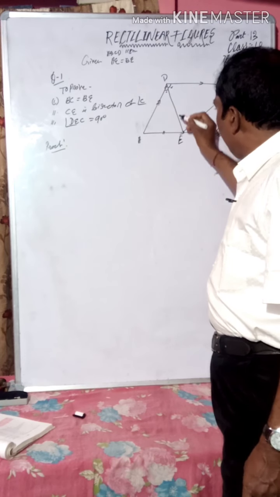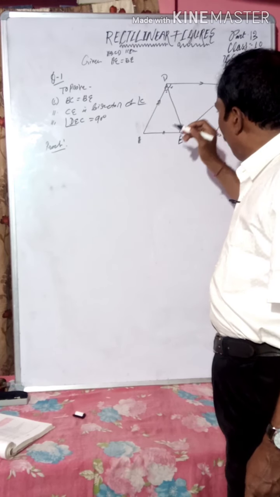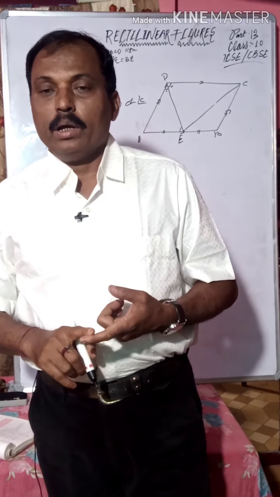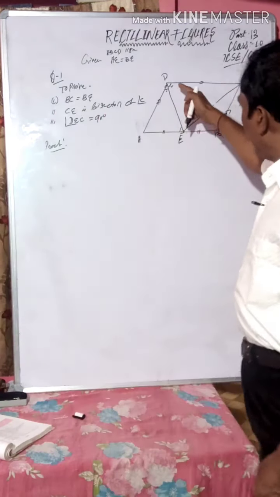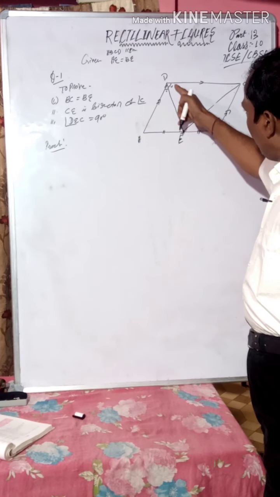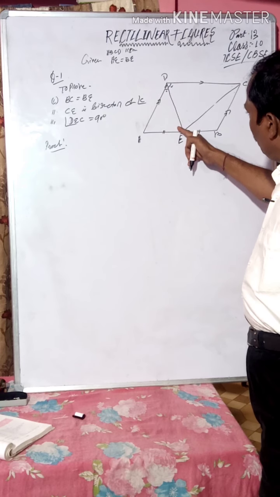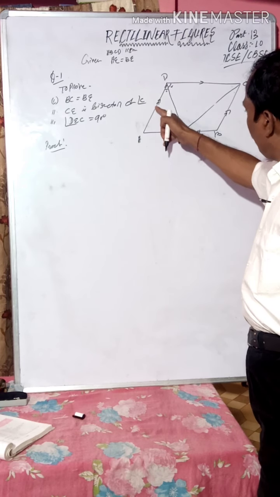So this angle is equal to this angle because they are alternate interior angles. Alternate interior angles are equal. As this angle is equal to this angle, this side is equal to this side.